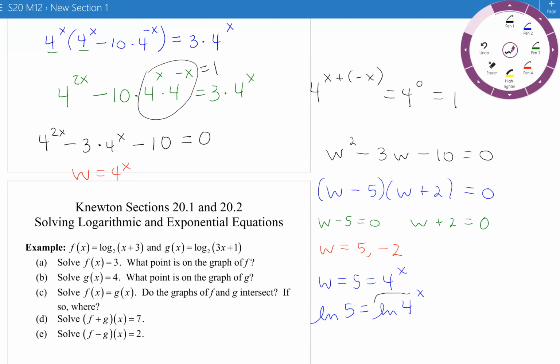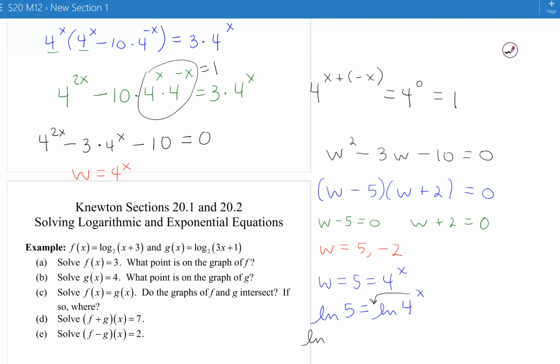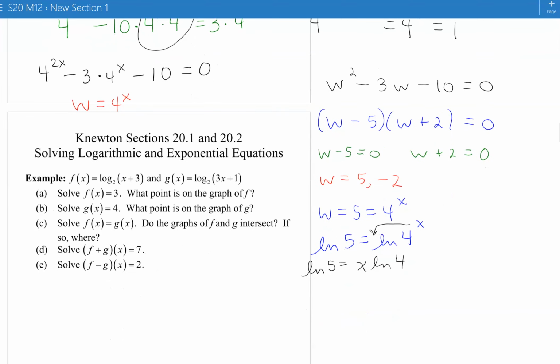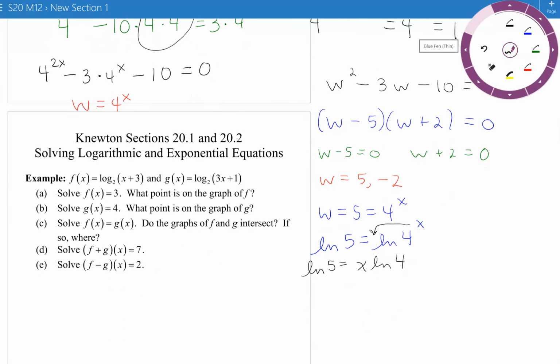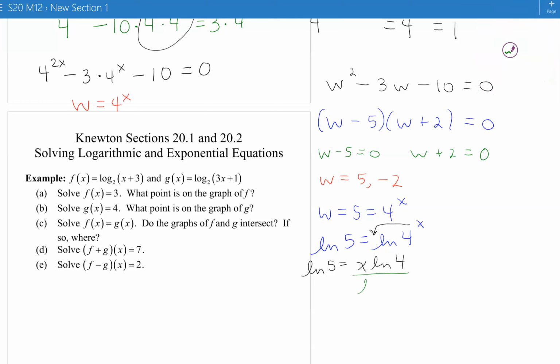The x is going to come down in the front as a multiplier, and I'll have the ln of 5 equals x times the ln of 4. Then divide both sides by ln of 4. So x equals the ln of 5 over the ln of 4. And we should check and make sure, but that is a positive number.